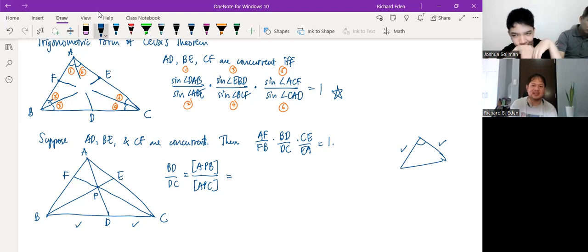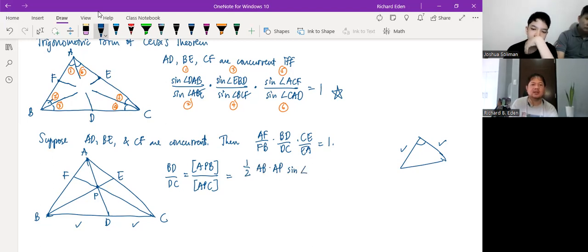So APB is equal to 1/2, and then AB, and then AP times the sine of angle PAB, which is angle DAB, divided by, okay, APC naman.